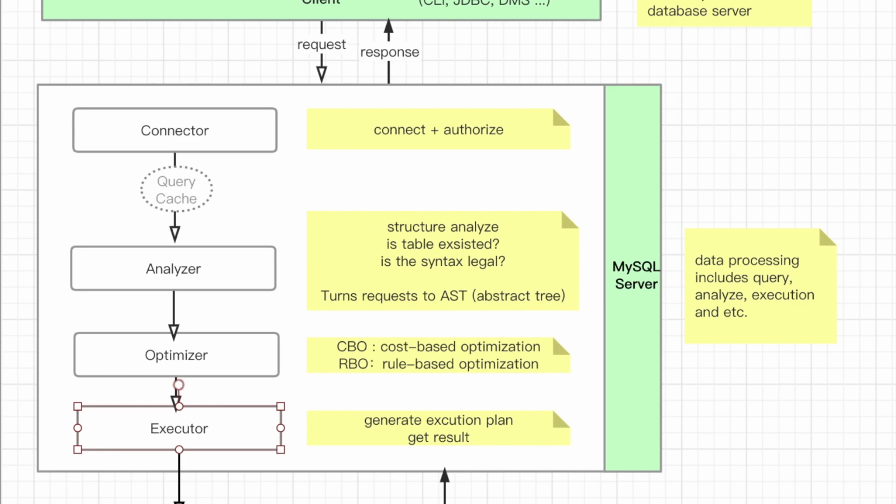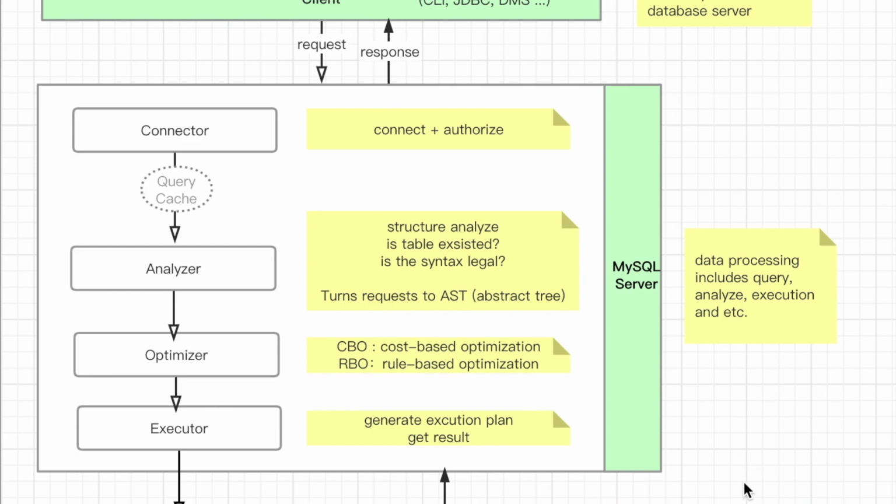At the bottom is the storage engine, which determines how data is stored, how data is updated, and how indexes work. The behaviors and the formats will vary greatly depending on the storage engine. You can set different storage engines for different tables. If you don't, then InnoDB is the default.